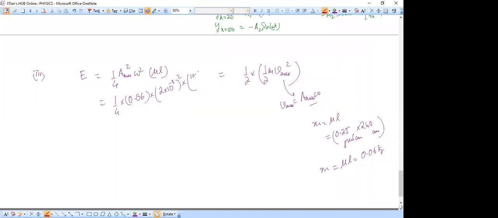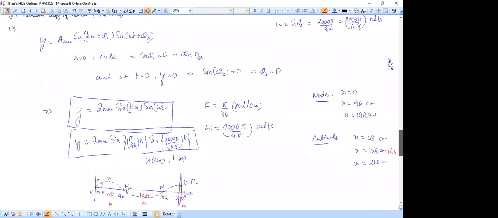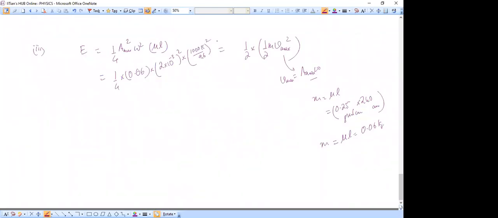Now omega was 1000 pi by 9.6, wasn't it? So this will be in joules now.